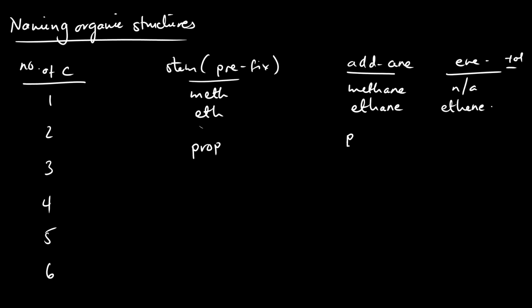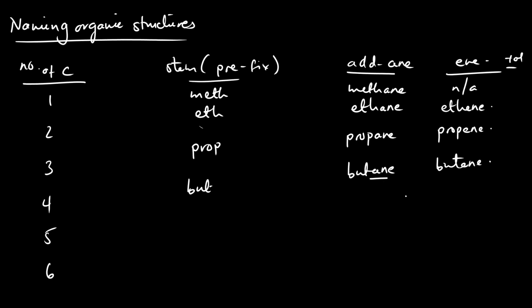You get propane, like in the previous question, propane gas, and then you get propene. 4 carbons is but, so it's going to be butane, and then butene. And of course, if you want to make an alcohol, you can make methanol, ethanol, propanol, butanol, having 1, 2, 3, 4 carbons respectively.